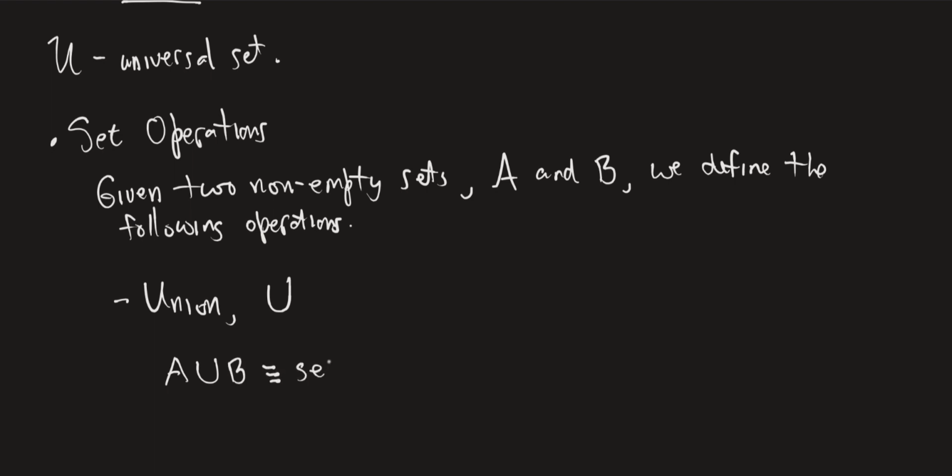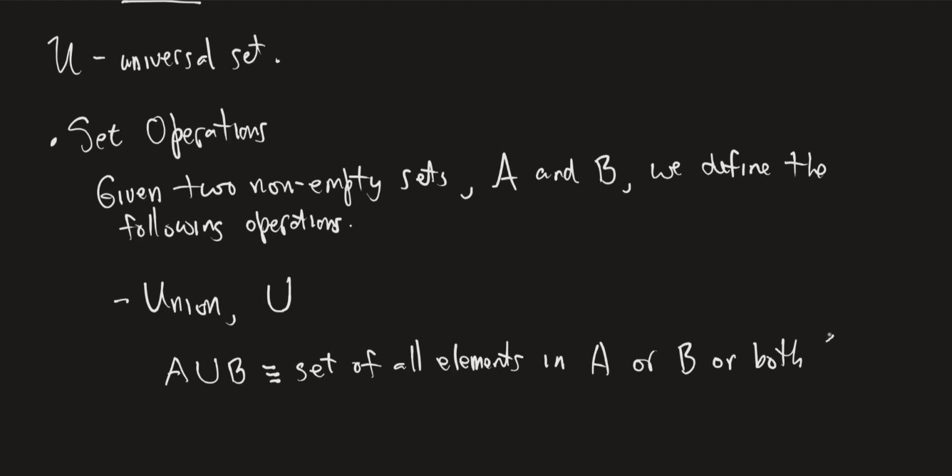This is the set of all elements that are in A or B or both, right?